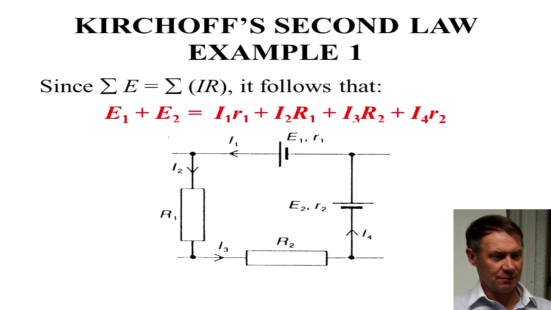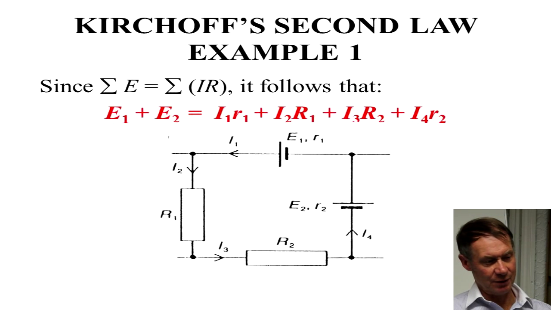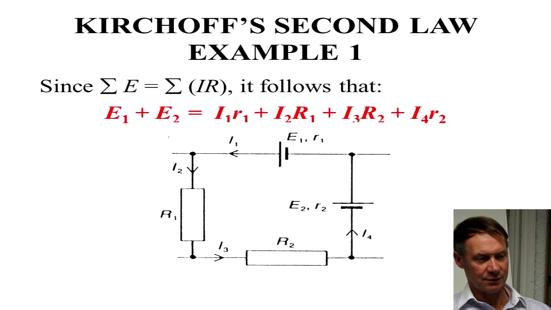So if we look around the loop, we've got two batteries, E1 and E2, and they're both pointing in the same direction. They're both giving current in the same sense, or voltage. So we add them together, E1 plus E2. And then going around the loop now, we have I1 going through the internal resistance of R1, so that voltage would be I1R1.